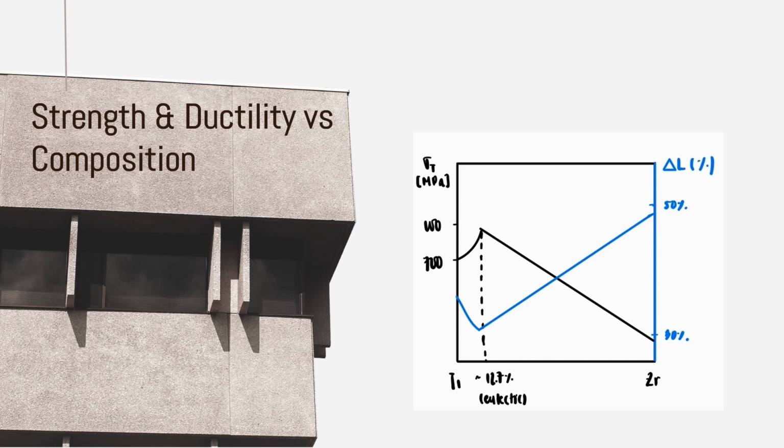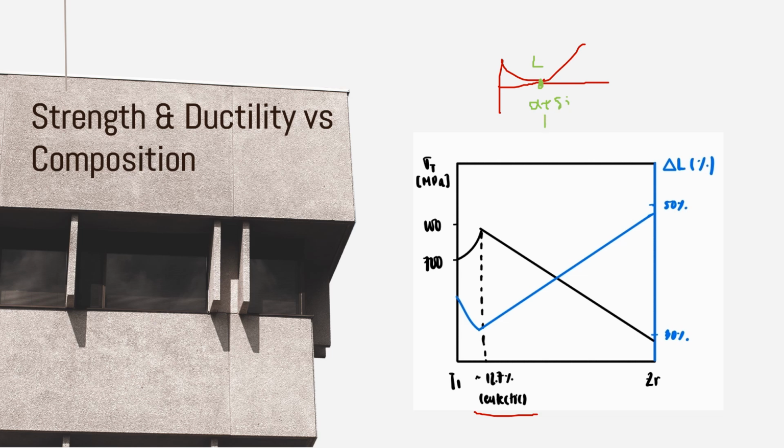Okay, now regarding the strength and ductility versus the composition, I first need to highlight the objective concentration that I forgot to mention before in the diagram, which was the point in which liquid coexisted with this alpha plus silicon stage.